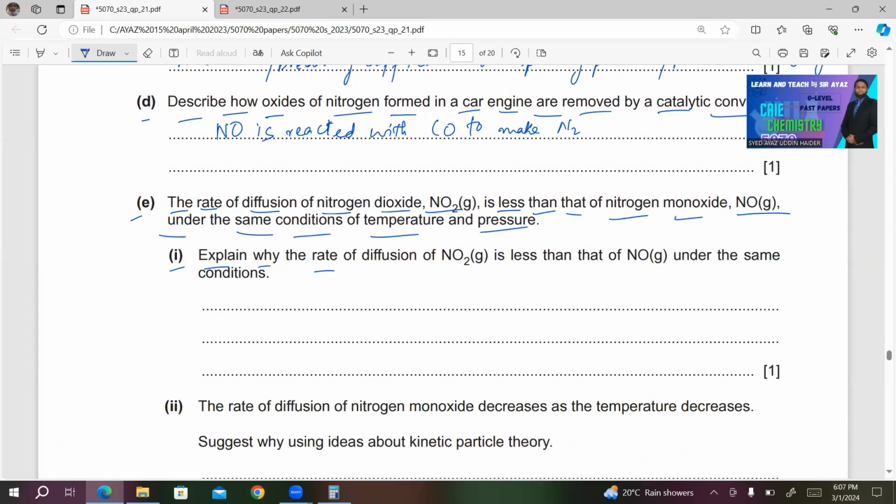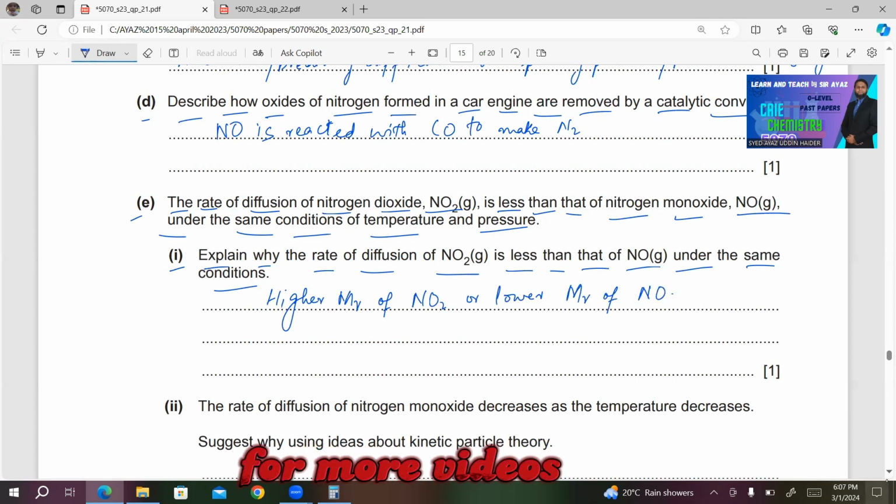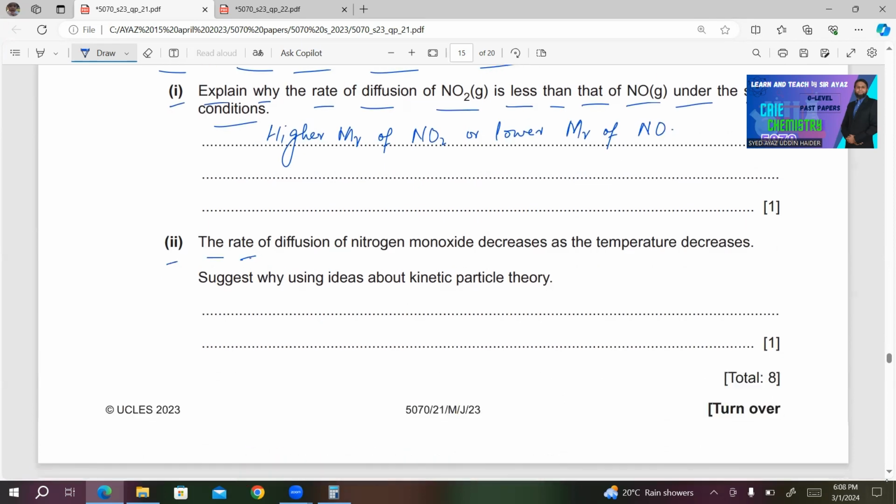1. Explain why the rate of diffusion of NO2 gas is less than that of NO gas under the same conditions. Simply, you will relate it to the molecular mass, the Mr of NO2 or the Mr of NO. So you write higher Mr of NO2 or lower Mr of NO. Number 2, the rate of diffusion of nitrogen monoxide decreases as the temperature decreases.